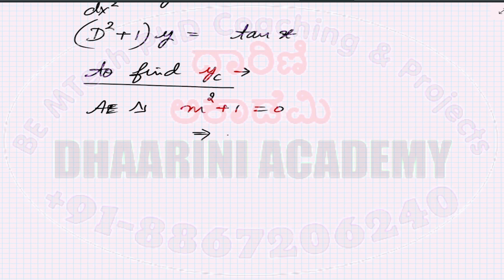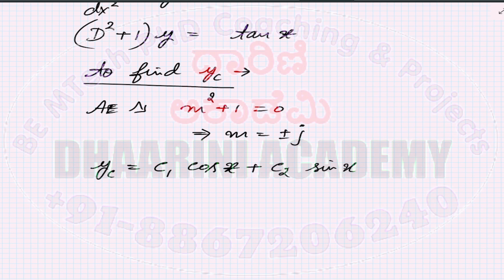This implies m square equals minus 1, and the root of minus 1 is plus or minus j. As the roots are conjugates, we can write the yc as a constant c1 into cos ax, a is 1, so cos x plus c2 into sin x.